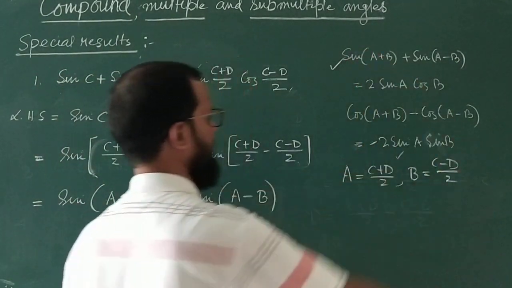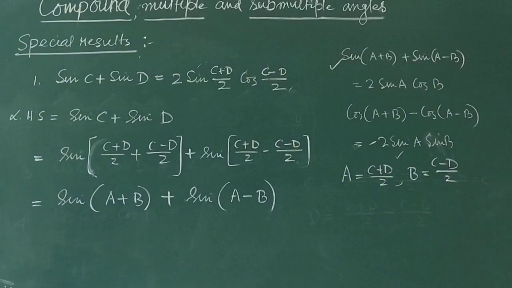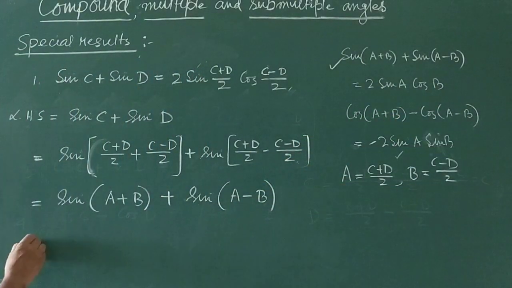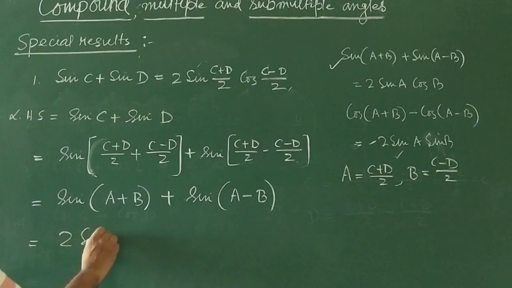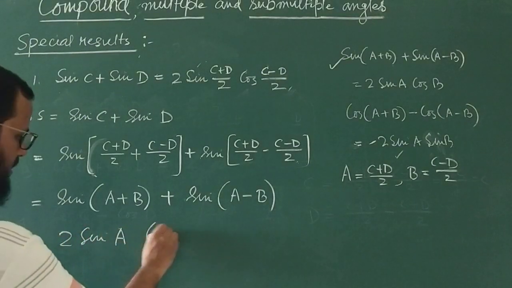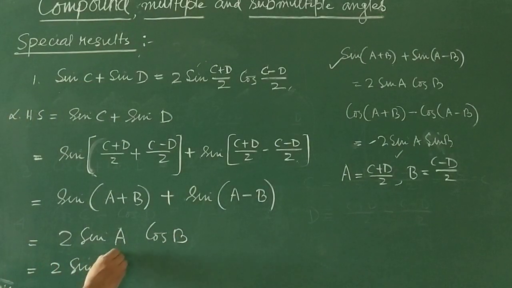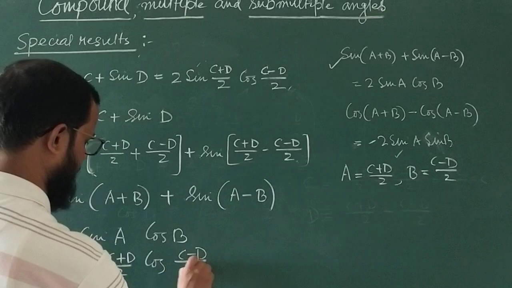You see, sin(A+B) plus sin(A−B) equal to what? 2 sin A cos B. So from here you can write 2 sin A into cos B, which is equal to 2 sin A, where A is (C+D)/2, and B is (C−D)/2.